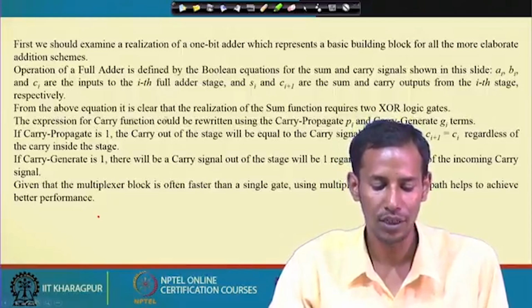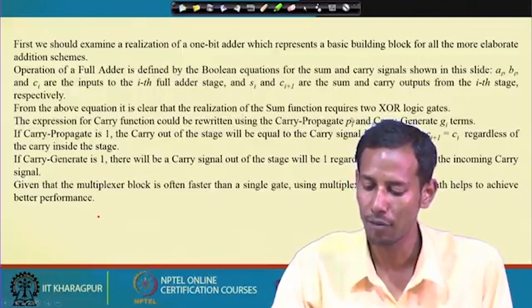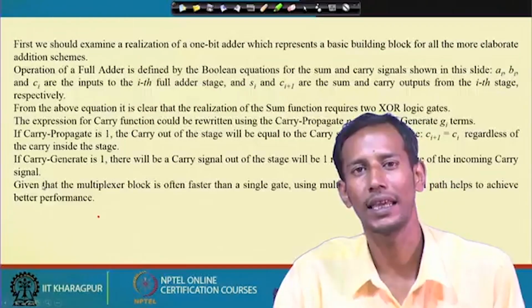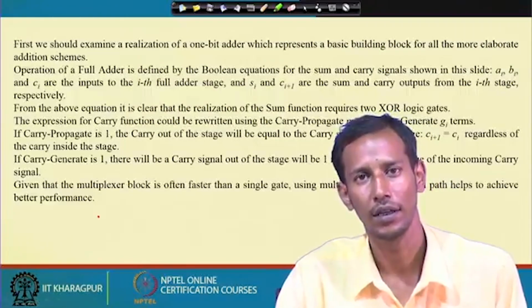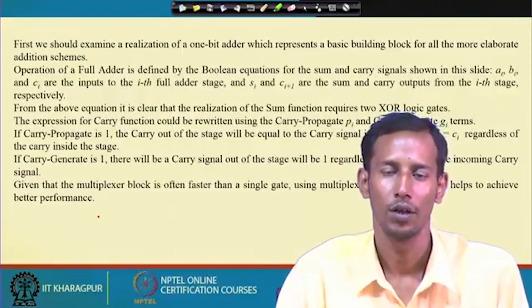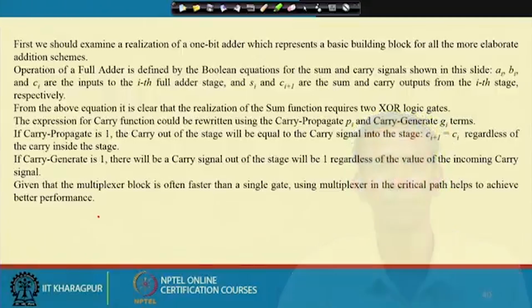From the above equations, it is clear that the realization of the sum function requires 2 XOR logic gates, as the sum function is A XOR B XOR Ci. So, with 2 input XOR gates, I need 2 levels.